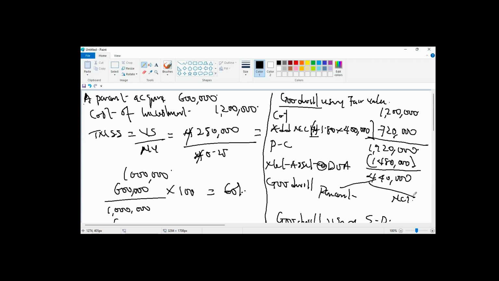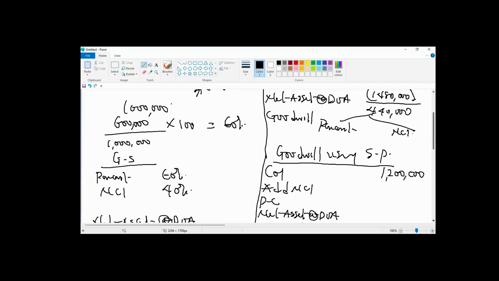For the share proportionate, the same formula, but a different valuation of NCI. Add NCI now.